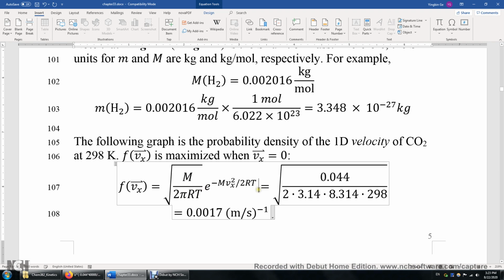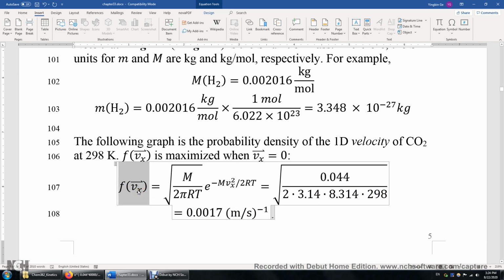The square root of molar mass over 2 pi RT. This is the molar mass of CO2. Down there we have 2 pi RT. The result is 0.0017. And this is the unit of speed. And we're taking the reciprocal of it. Why? Because this F is probability density.